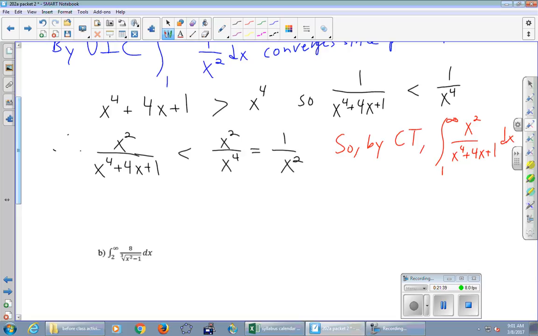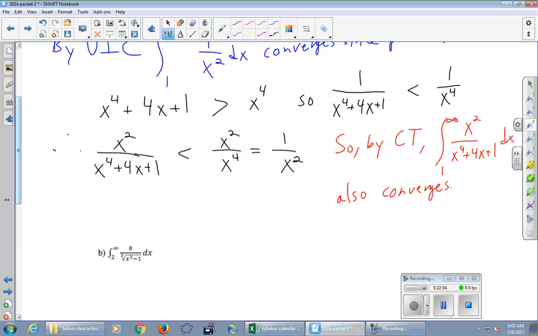I'm even going to get the word also in here because I'm saying it does the same thing as this 1 over x squared integral up here. Also converges. So if it was greater than we wouldn't know. We wouldn't make any conclusion. But you can trust that I'm going to give them to you in the direction that's going to work.